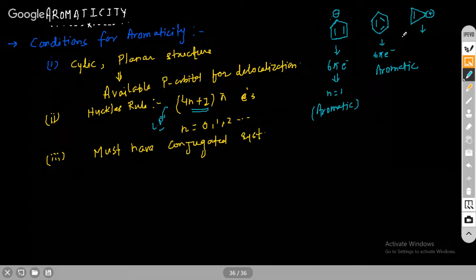Tell me the number of pi electrons. 2 pi electrons. The positive charge will not count, only one pi bond. So we have 2 pi electrons. And 2 pi electrons, again you see, for n equal to 0 it is possible, right? So this is also an aromatic compound.